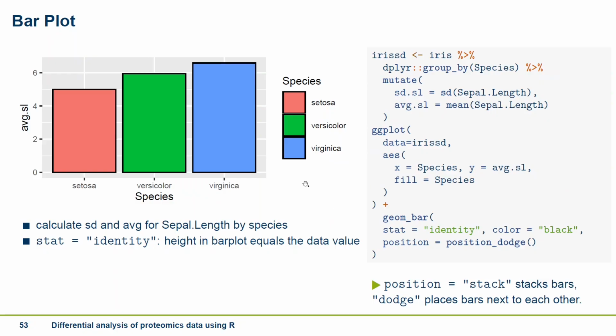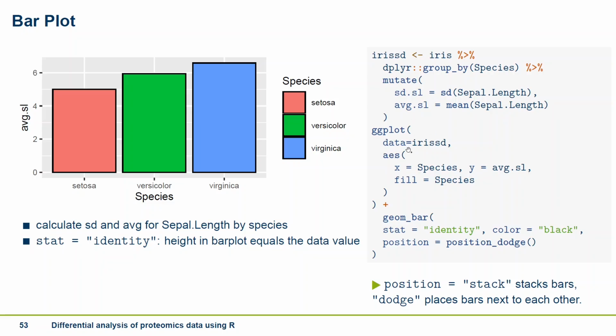Another example of a plot type is the bar plot. In this case, we use the iris dataset again to plot the average sepal length of each of the species. So first we generate a small data set using group_by and mutate in combination to calculate two new columns: the standard deviation of the sepal length and the mean of the sepal length by species.